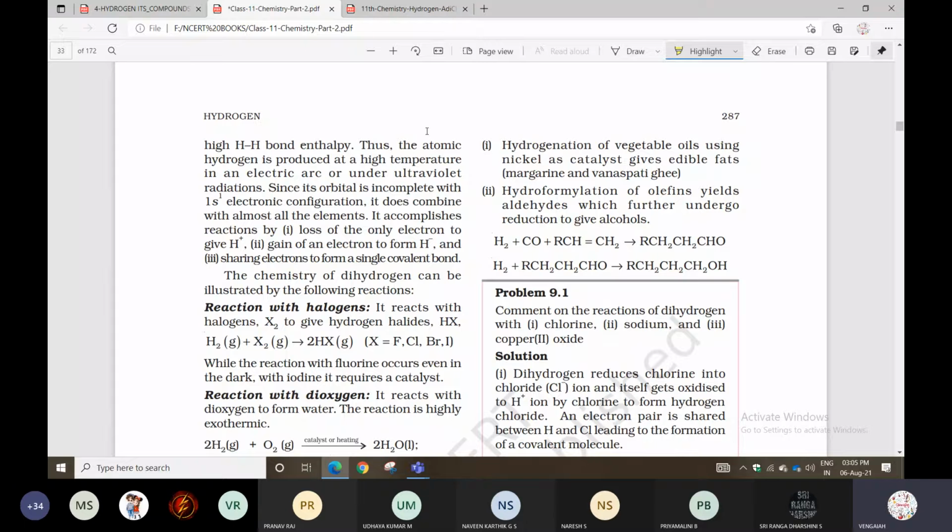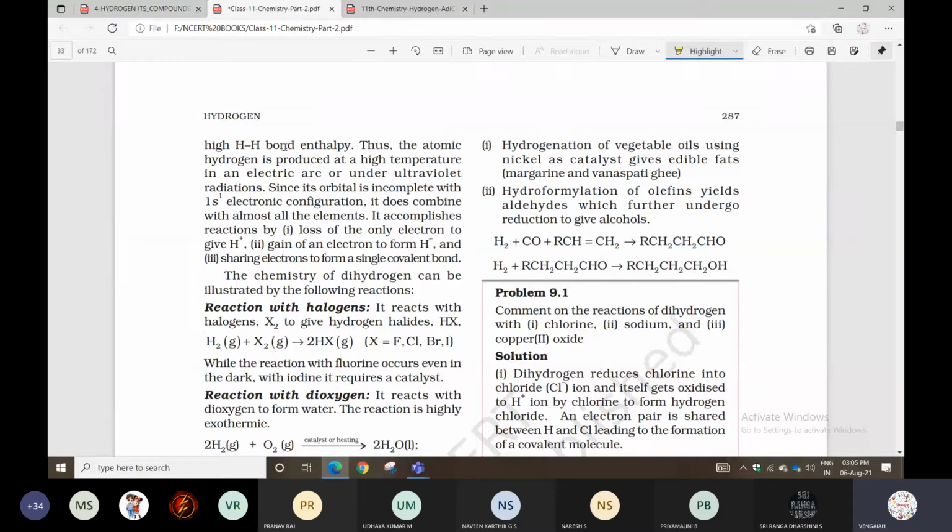It accomplishes reactions by loss of one electron to give H plus ions, gain of one electron to form H minus ions, or sharing of electrons to form a single covalent bond. So there are 3 ways: loss of electrons forms H plus, gain of electrons forms H minus, and sharing of electrons forms a single covalent bond.